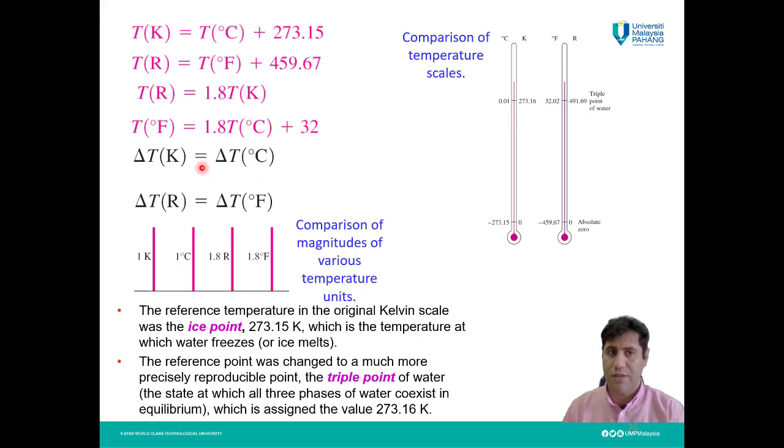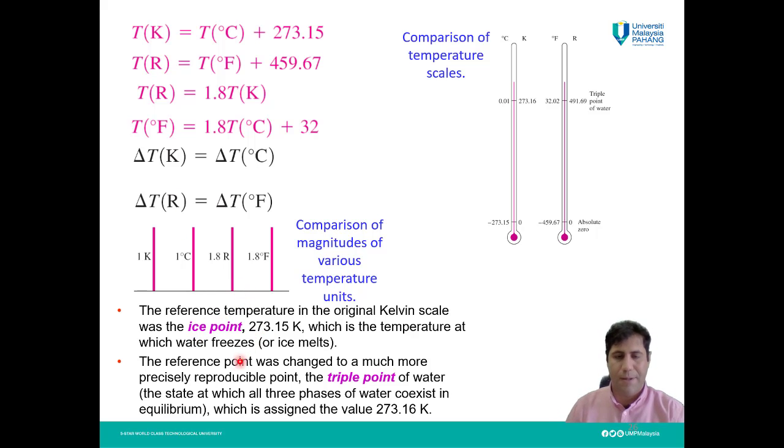You can convert like this, Kelvin to degrees Celsius, when you are studying one temperature. But when you use temperature difference, no matter if you use Kelvin or Celsius, it's okay. It will be equal also for Rankine and Fahrenheit.